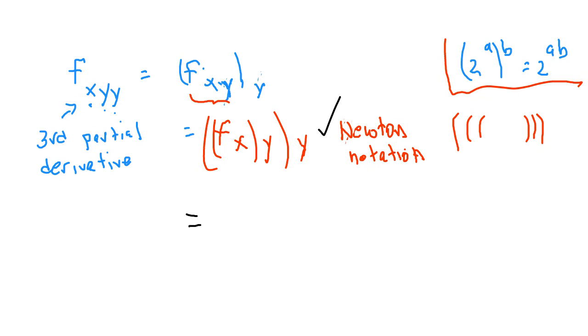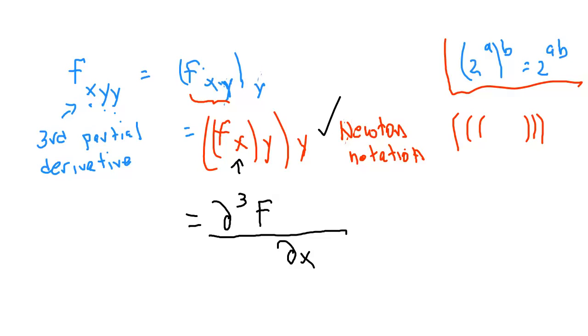So this is a third partial derivative of this function. But what order am I taking the partial derivatives? Well, I'm going to do the partial derivative with respect to x first because it's the center. It's like the inner parentheses.